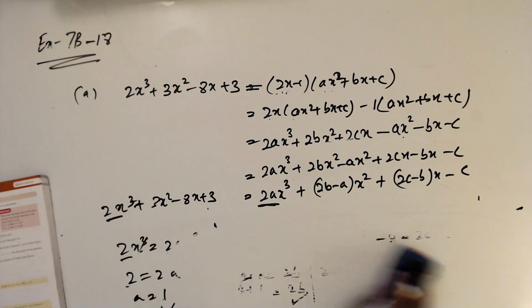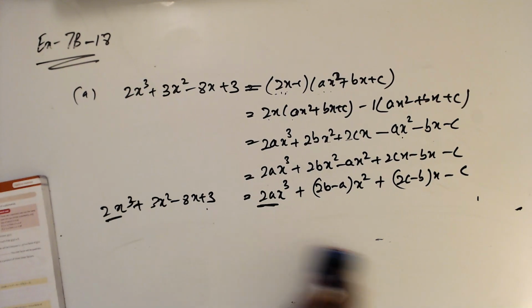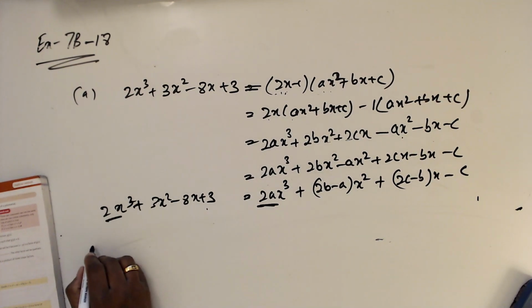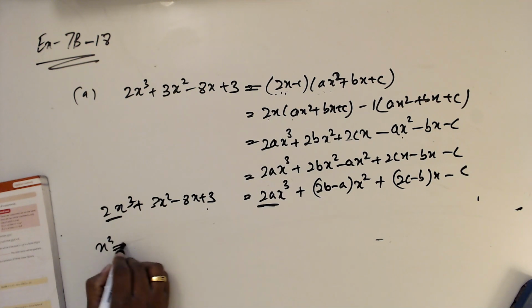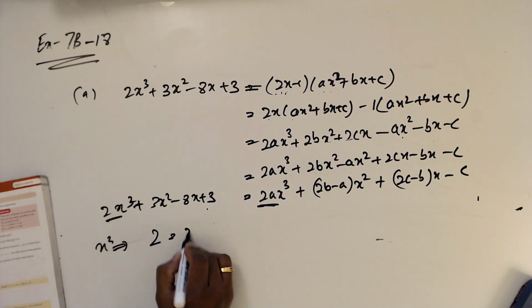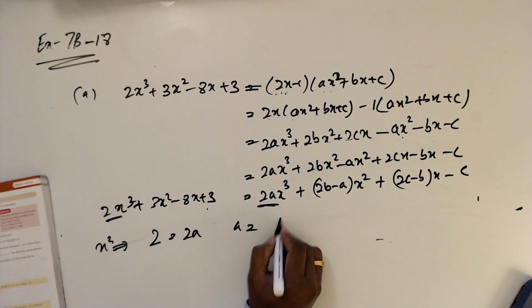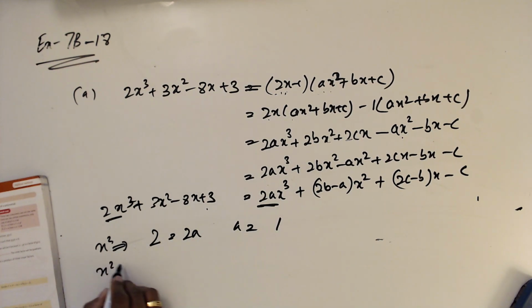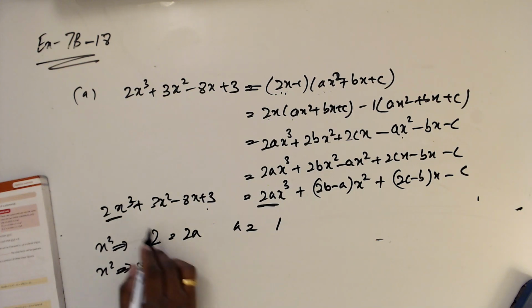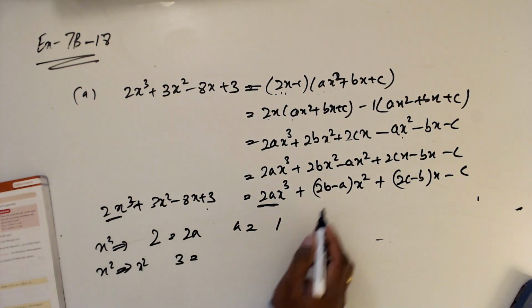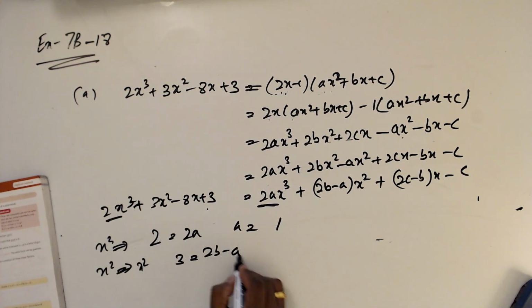So we'll simply do this by equating the coefficient of x cube. This is 2, this is 2a, a equal 1. Equating the coefficient of x square, this is 3 and this is 2b minus a.